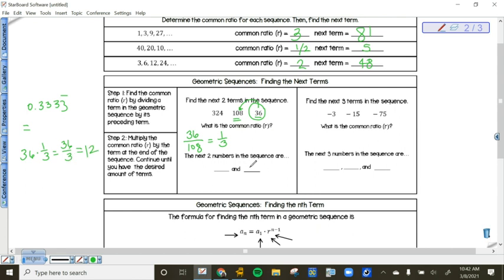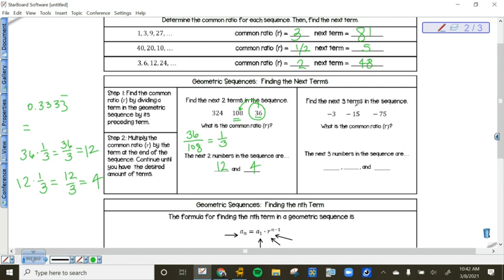Good. So that's going to be my next one. And then I take that and I again multiply it by 1 over 3, which would give me 12 over 3, which is 4. So there are those next two numbers in my sequence.